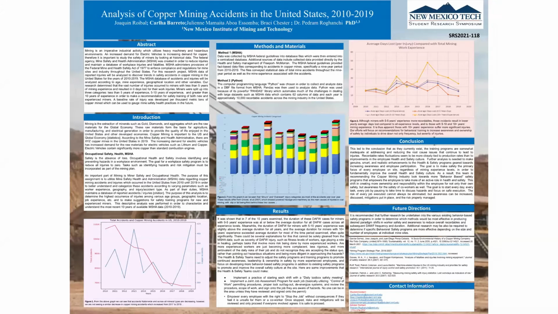And recordable rate fluctuations seem to be more closely tied to production rates than to improvement in the employee health and safety culture. So further analysis is needed to make a genuine, smart, and realistic enhancement to the health and safety programs geared towards increasing awareness and employee participation, especially the participation, because a lot of employees at any age may not want to always speak up, some more than others.